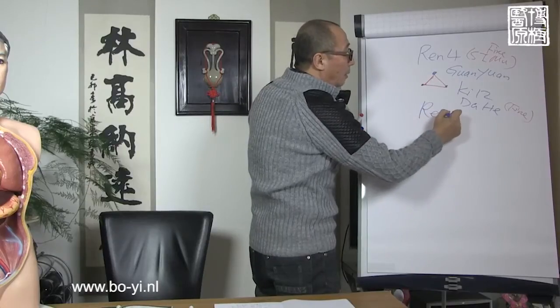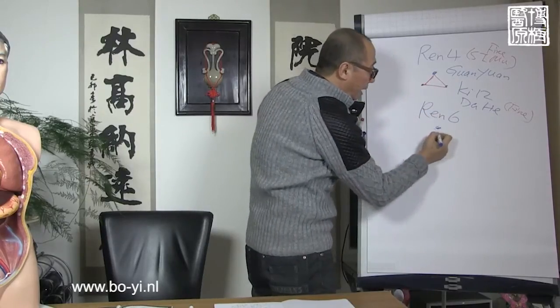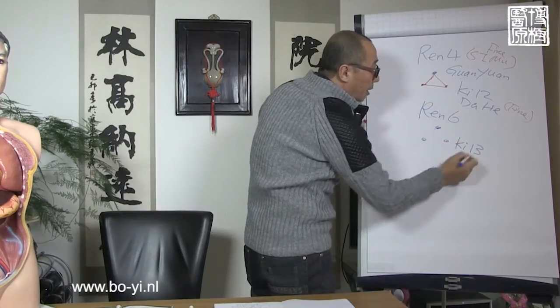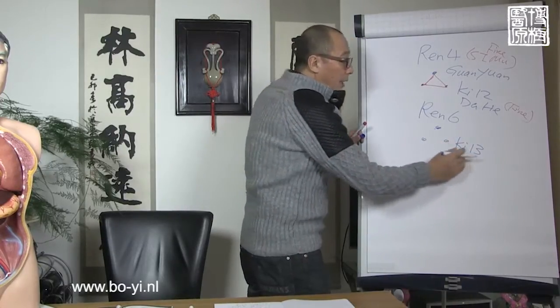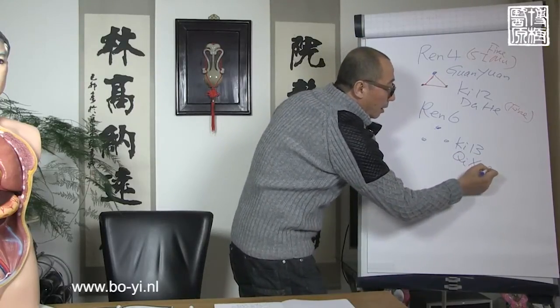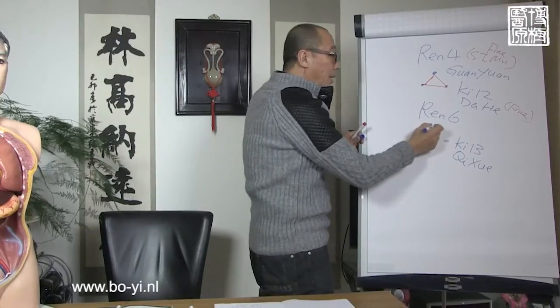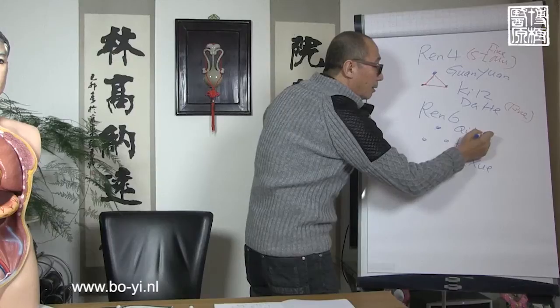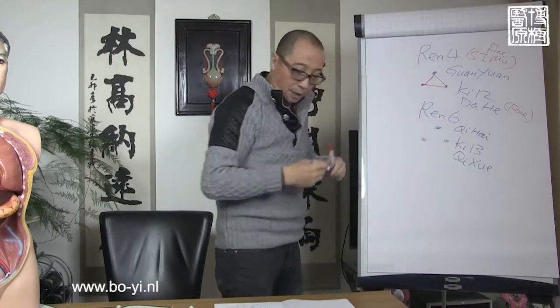Another one, if we go up, you can see another crossing point with the kidney is Jing-mai 6. Underneath Jing-mai 6 is kidney 13. Kidney 13 is called Qi Xue, meaning qi point. But Jing-mai 6 is called Qi Hai, as everybody knows, the sea of qi. So they are the same.